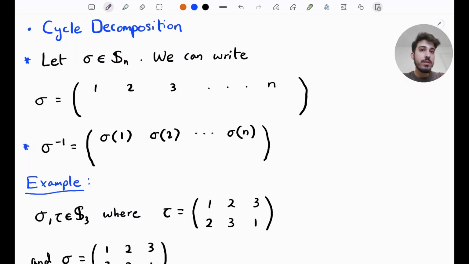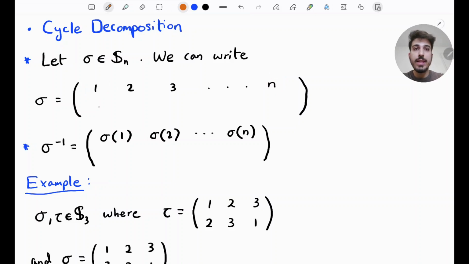So let sigma be in Sn. Let sigma be a permutation. We can write sigma in this format. It takes the elements 1 all the way to n, and each element is sent to some other element by sigma.